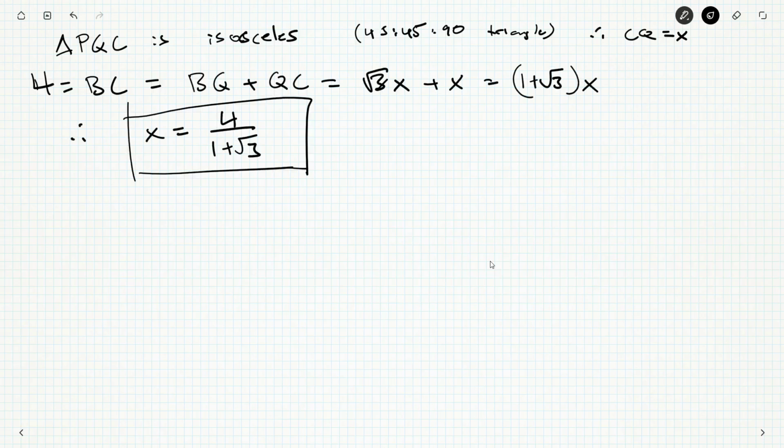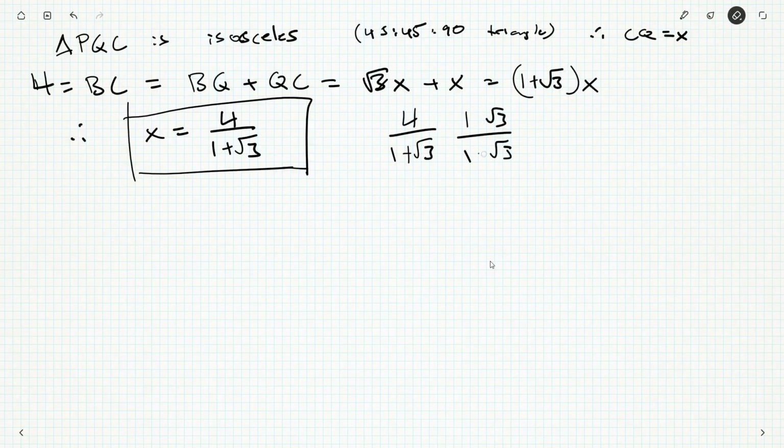However, if you're a little older or you go to a private school or a more strict school, they'll say no, you can't leave it like that. You have to rationalize the denominator, so we're just going to really quickly rationalize the denominator. Multiply by 1 plus root 3 there. No, this one's plus, so these guys have to be minus. I knew something was wrong.